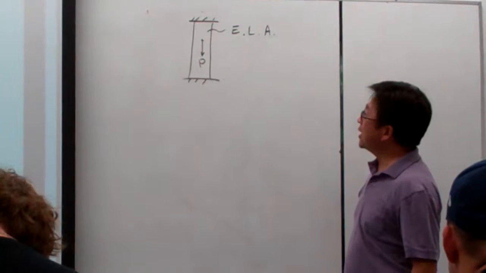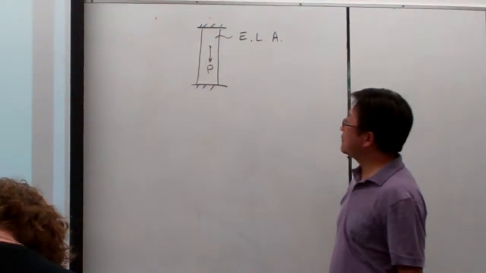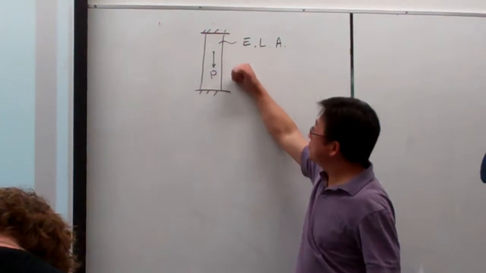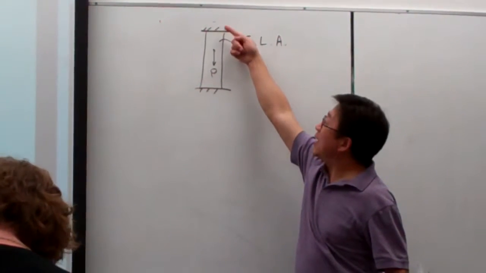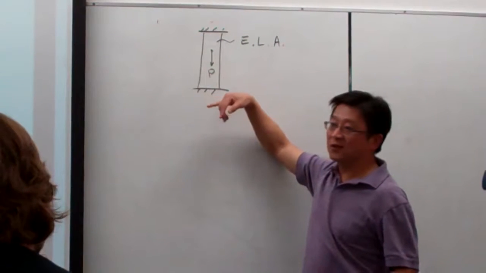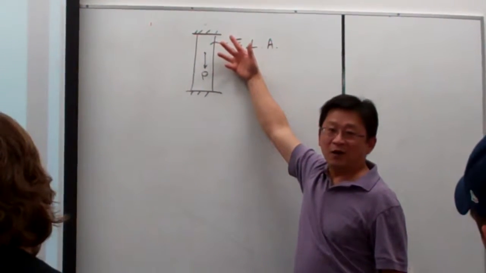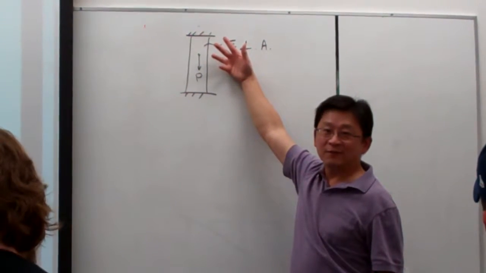You can see this is an elastic bar, and we try to pull down from the middle. So at the top and at the bottom, there are both reactions of unknown magnitude yet, right?